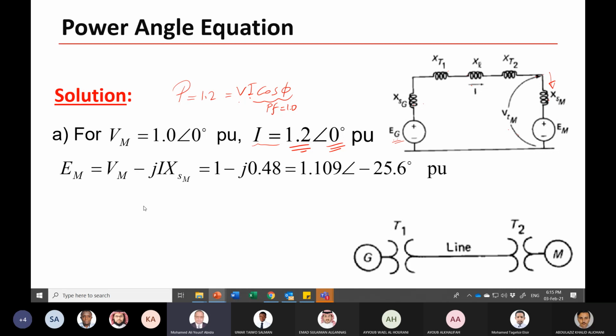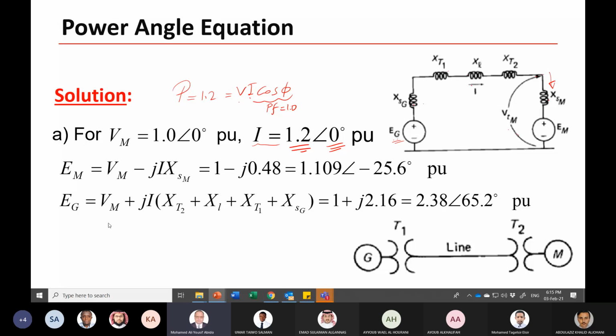So EM equals VM minus jI X motor, and you can have it as such. And EG equals VM plus the current multiplied by all these impedances. So you can get EG equal to 2.38 with angle 65.2.